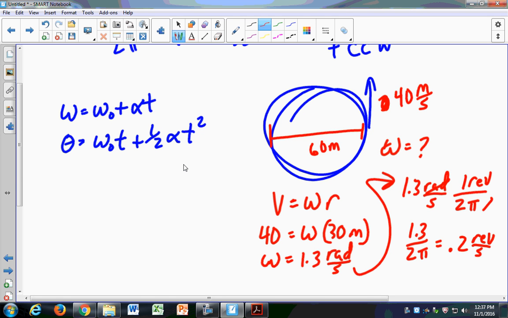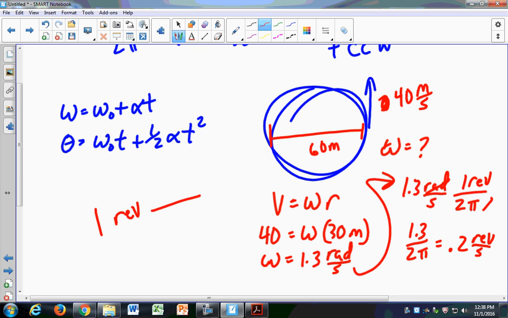So if you're going from a revolution to a radian, you multiply by 2 pi. If you're going from radians to revolutions, you divide by 2 pi. Let's see.